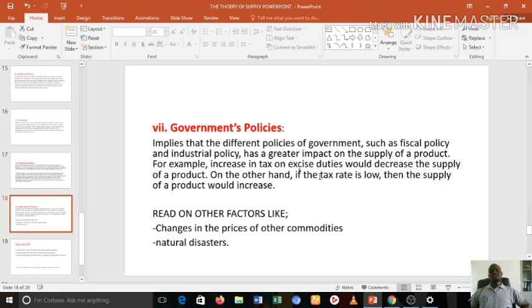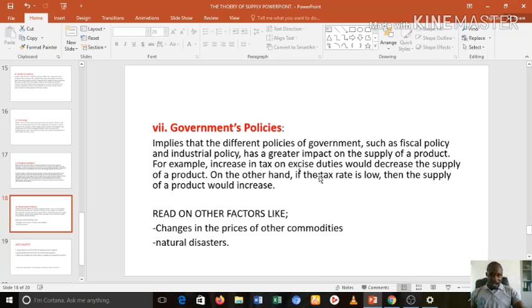Now, if a government imposes a high indirect tax on goods to be produced, what happens to the cost of production? It increases. And if cost of production increases, definitely there will be a fall in production.